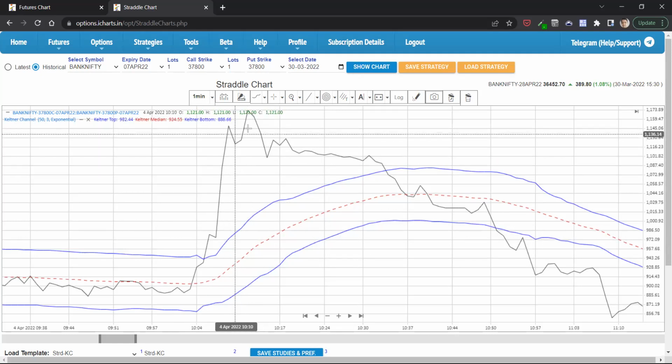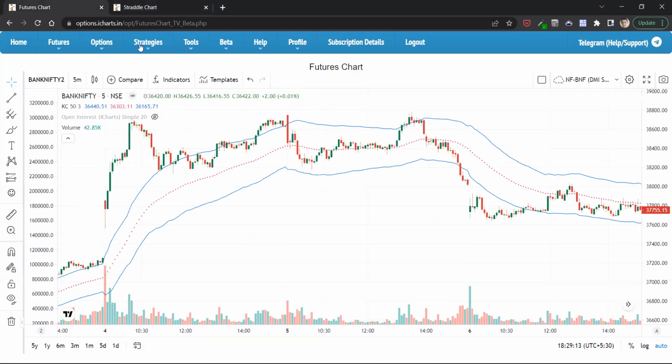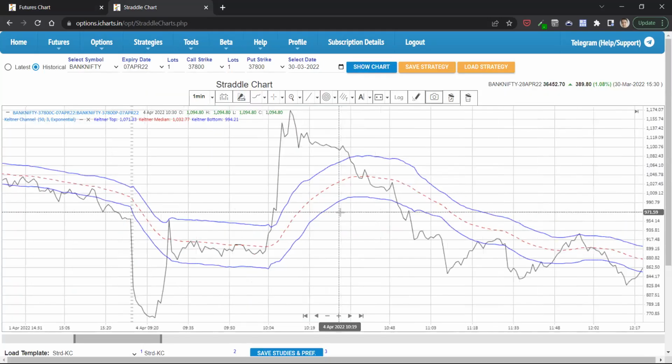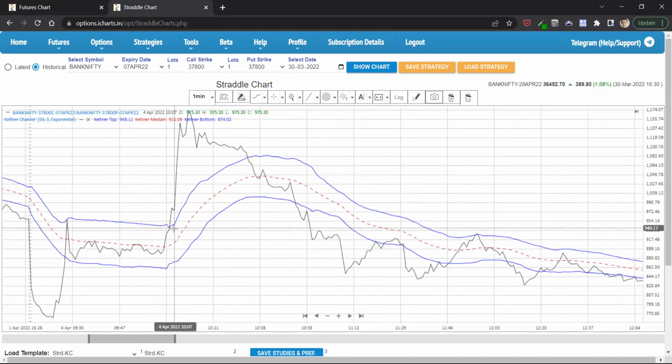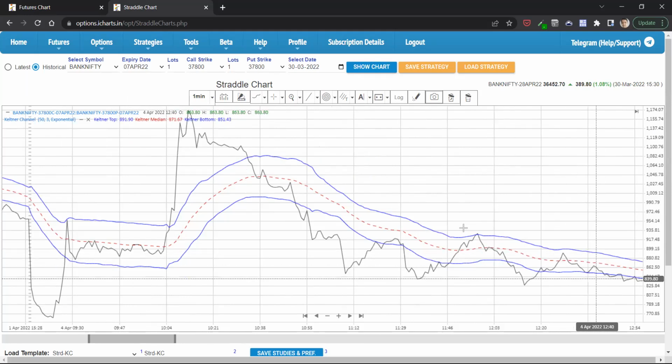That way you can buy explosive moves and capture this kind of move when the call is really shooting up. So just monitor the straddle. Don't trade the straddle. Just monitor it and capture whichever side it is going. Now, once this shoots up, don't go and buy the call right away, because many times it goes up and then comes down, goes up, comes down.